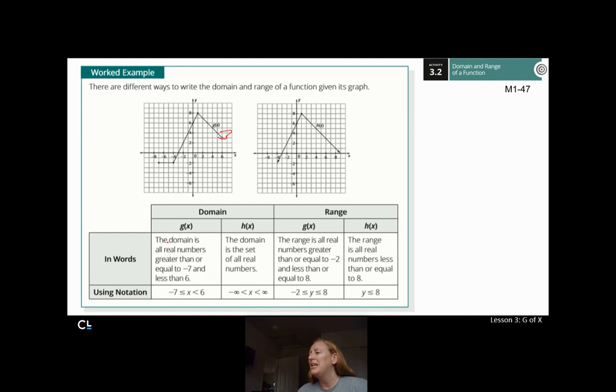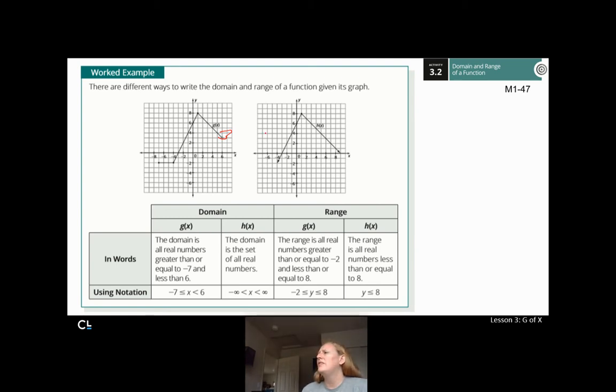And because I'm a mathematician and I'm super lazy, I will write it as -7 is less than or equal to x is less than 6. This guy gets a squashed equal sign because his circle is closed. This one does not get a squashed equal sign because his circle is open.